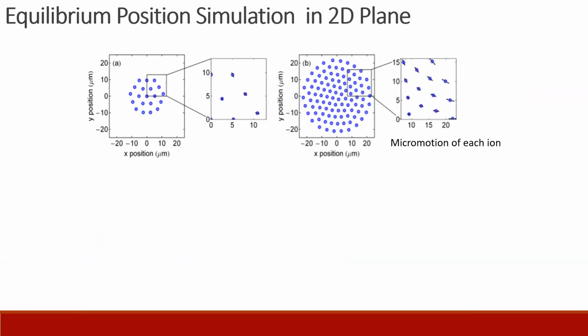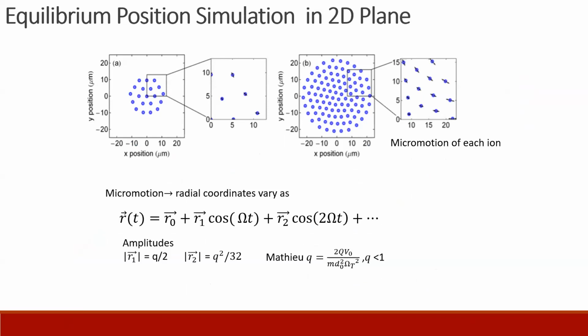Since ions are compressed in a single plane at the trap center, there is effectively no micromotion amplitude along the axial direction, but the radial micromotion will behave like harmonic oscillations. It can be written in these formulas, where R0 is the average ion position, and the other terms are higher harmonic micromotion terms.